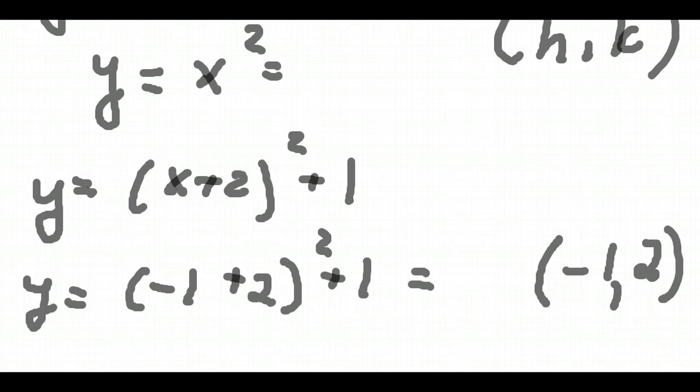So from our vertex, located at -2, 1, instead of going to the right 1 and up 1, we go left 1 and up 1. So then you get a point at -3, 2.